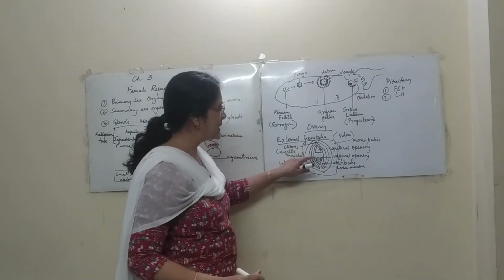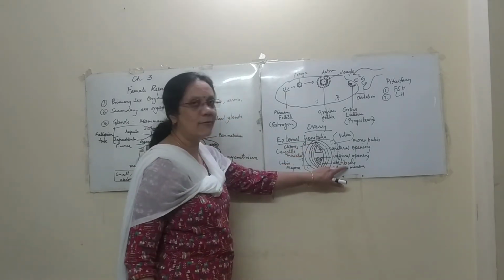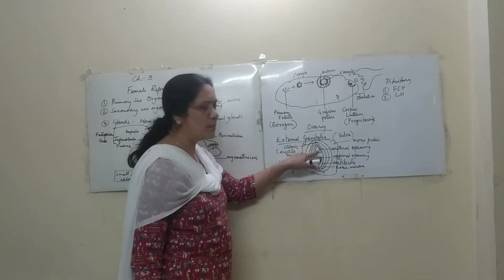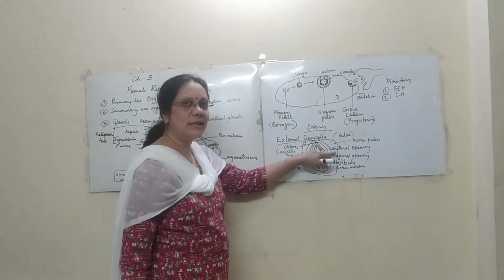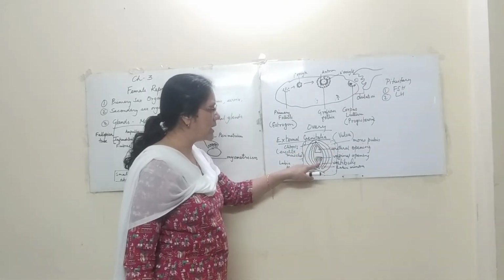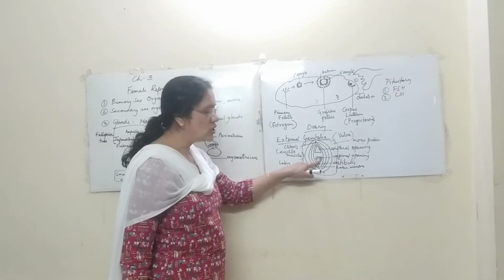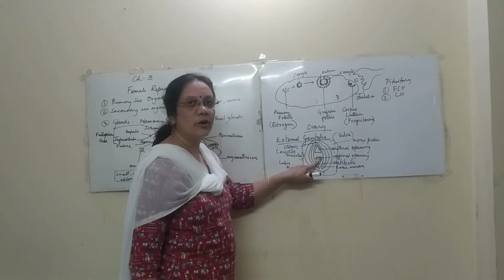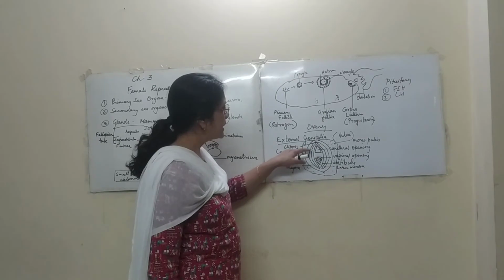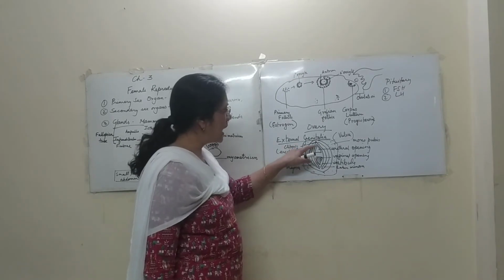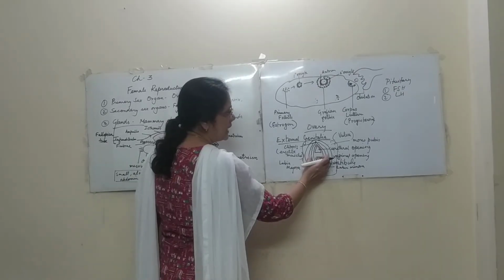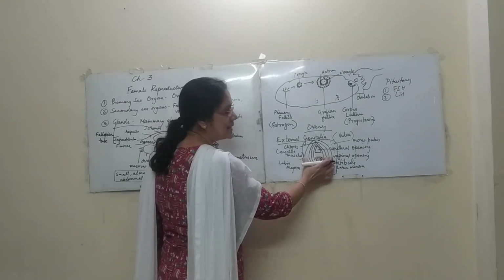I am repeating, the external genitalia has a depression known as the vestibule. It has two openings. The upper one is known as the urethral opening and the lower one is the vaginal opening, which is covered by the hymen in case of virgin females. The entire vestibule is surrounded first by the labia minora and then the labia majora.